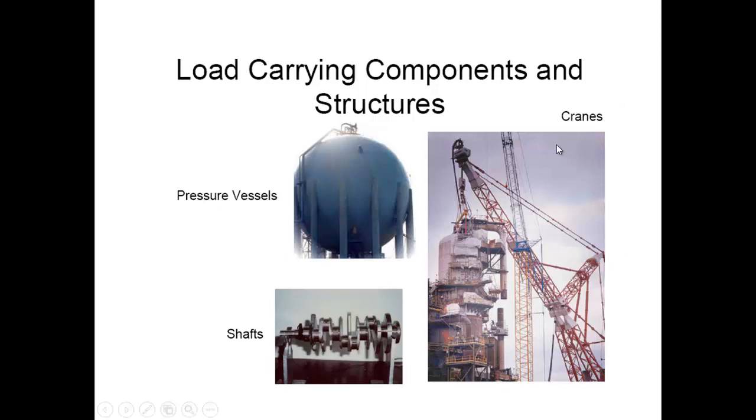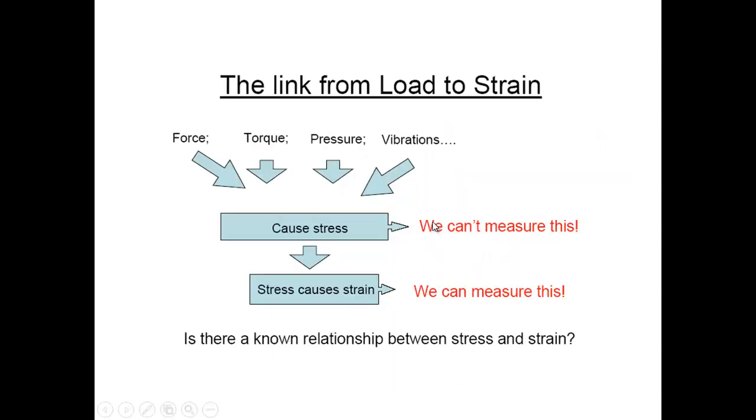And of course the last one will be a tower crane. They will bring very heavy components during the construction. So that is the type of load acting on the structure. So, the link from load to strain.